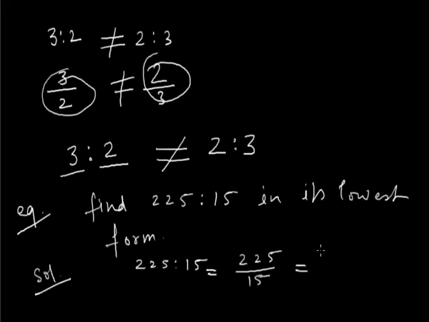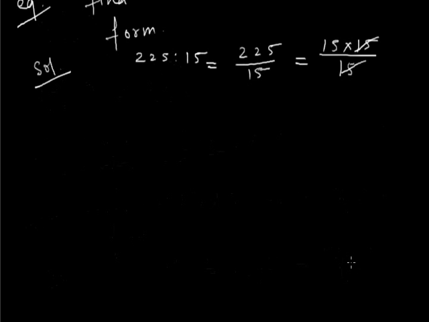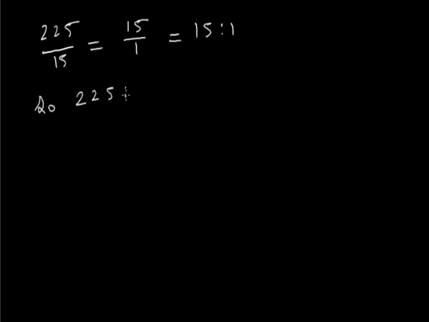Now in the numerator, 225 can be written as 15 multiplied by 15, while the denominator is 15. So this 15 gets cancelled with one of the 15s of the numerator, and what remains in the end is 15 upon 1, which can be written as 15:1. So 225:15 in its lowest form is equal to 15:1.